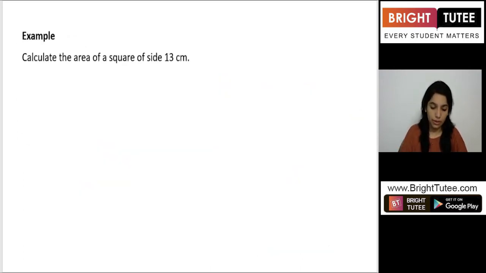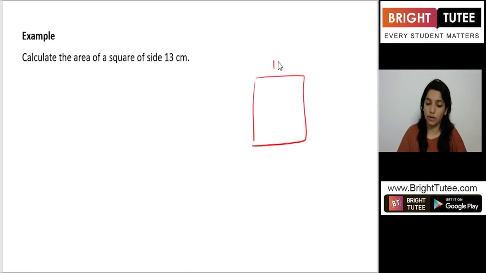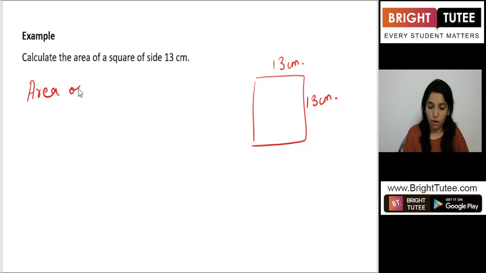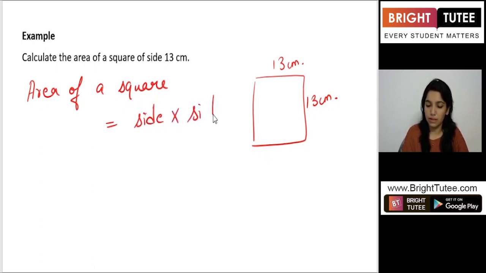Okay, now let us see here. It says calculate the area of a square whose side is given to you as 13 centimeter. So suppose this is a square with 13 centimeter on one side, so this one will also be 13 centimeter. Let us find its area. The area of a square, we know the formula, is side multiplied by side.